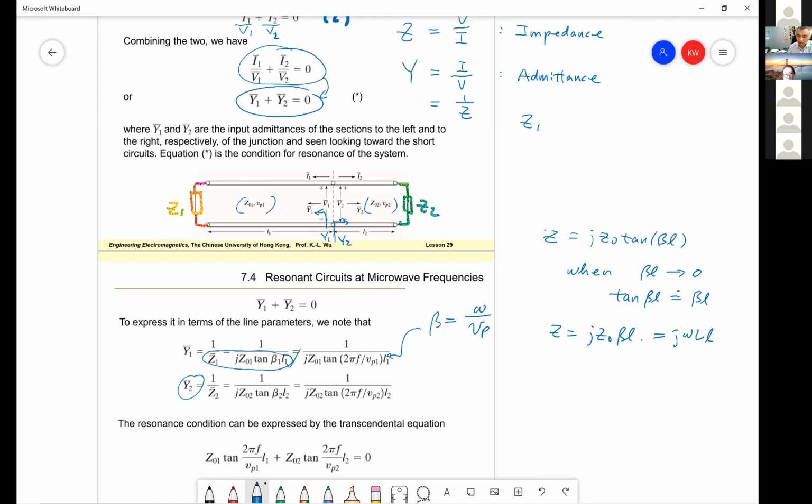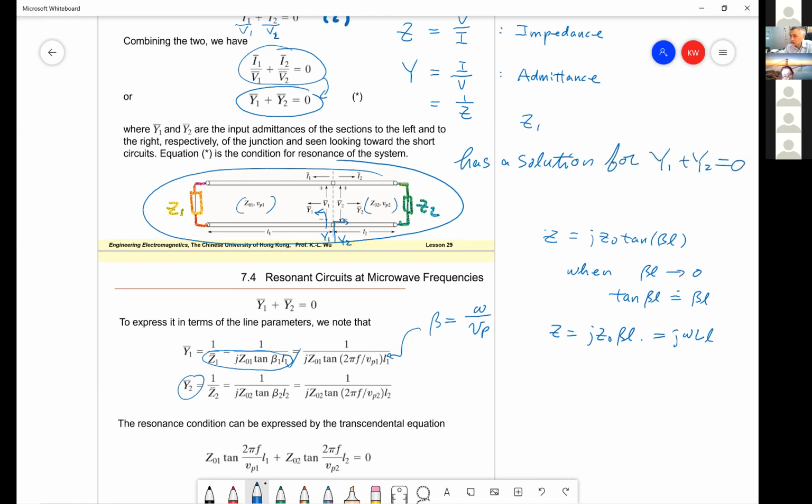So we know Y1 and we know Y2, and the condition is that if this system has a solution, Y1 plus Y2 equals 0.